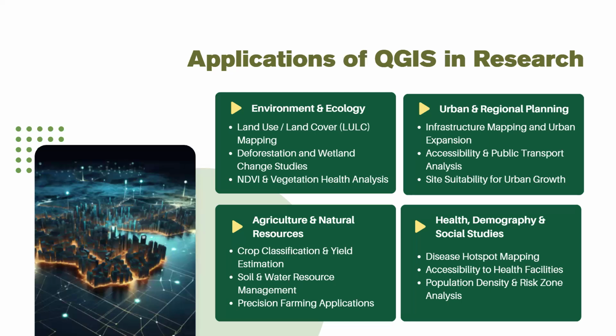Then health, demography, and social research also. GIS in health studies is growing rapidly. QGIS allows researchers to map disease outbreaks, as I mentioned earlier, visualize health facility coverage, and identify spatial patterns of risk. Which parts of the area have been covered?